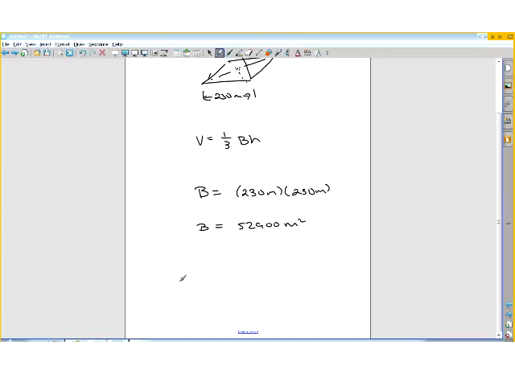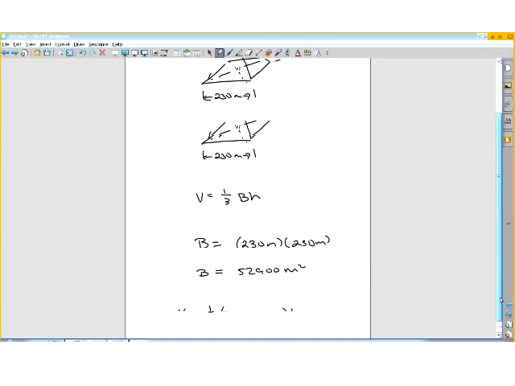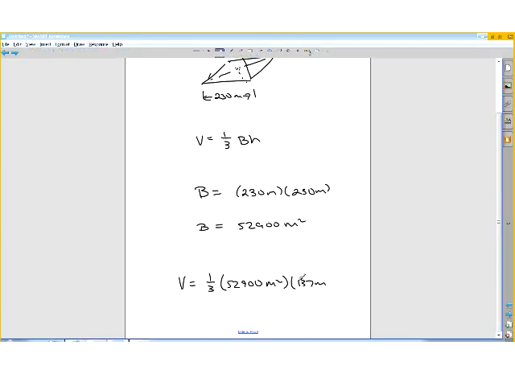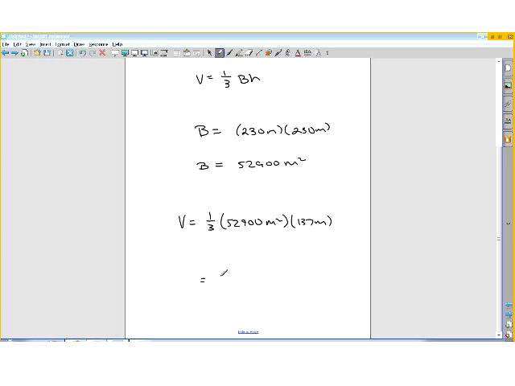So that's an area. So the volume is 1/3 the base area, 52,900. The area times length gives us volume. And the length, or the height in this case, is 137 meters. So now I'll get meters squared times meters, which will give us meters cubed.